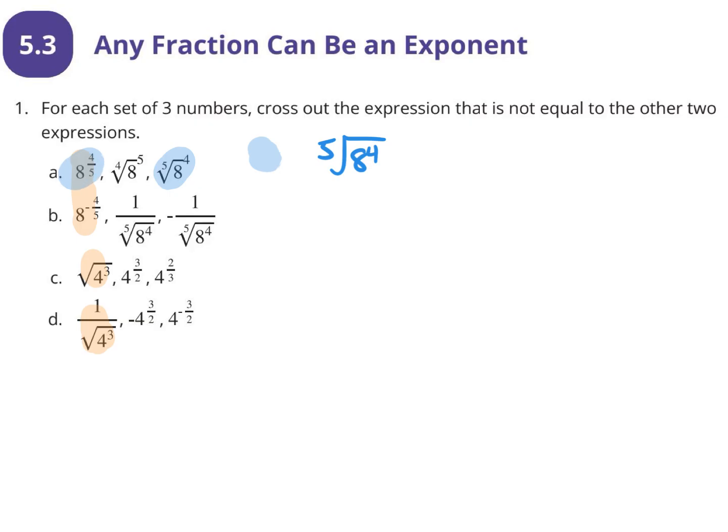Okay, 8 to the negative 4/5 for B is 1 over the 5th root of 8 to the 4th power, and that matches the second one.